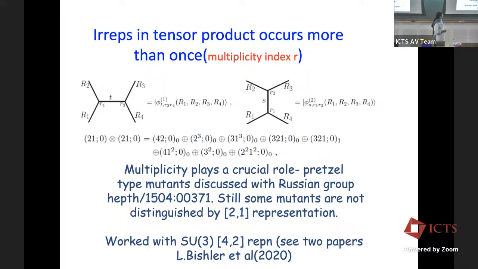It was a heavy computation done just for SU3. We couldn't do it for SUN the way we did here. For SU3 we did, and we did distinguish those mutants also. So it's progressively better and better. If somebody comes and gives us data that is not distinguished, we find a way, because we have this huge pool of different representations and different groups.